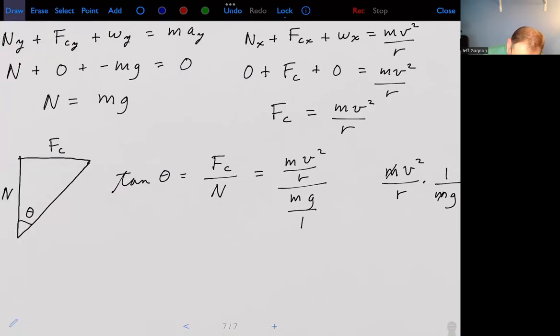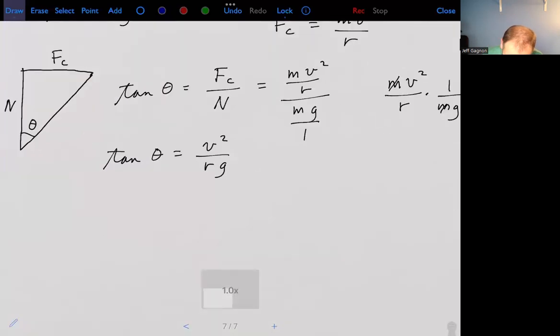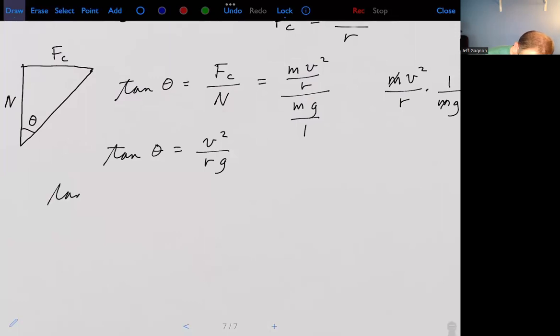So that means that tan of theta is going to equal v squared over rg. And then how do I find the angle theta? I have to take the inverse tangent of both sides. So if I do inverse tangent of tan of theta, that gives me theta.